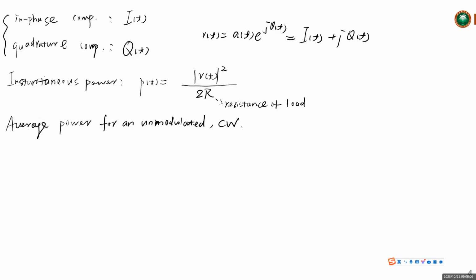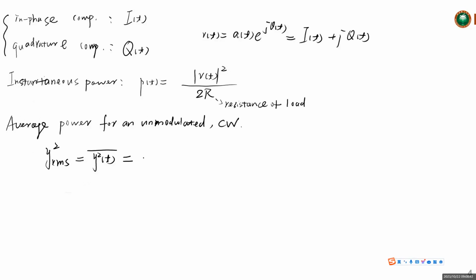For the average power, the first thing is we get the RMS value of the unmodulated continuous wave, squared. It can be expressed like this one, all right?